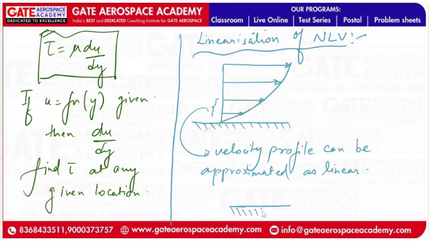So, this is linearization. Although it may not actually be linear, we can approximate it because the tangent going from there is a straight line. Let's say this height is h and the velocity over here is v. So, we can simply write tau equals mu v by h.